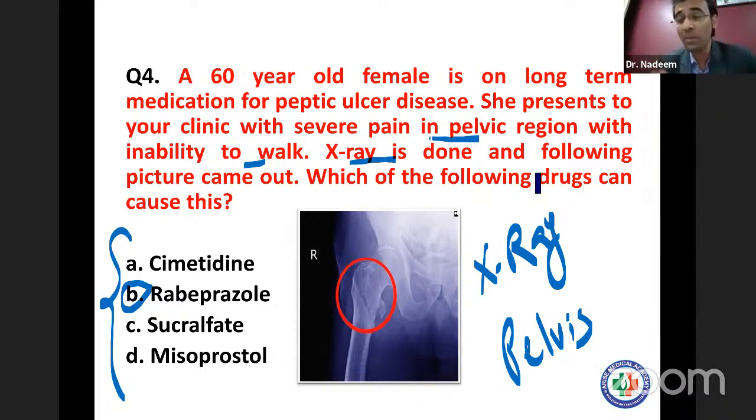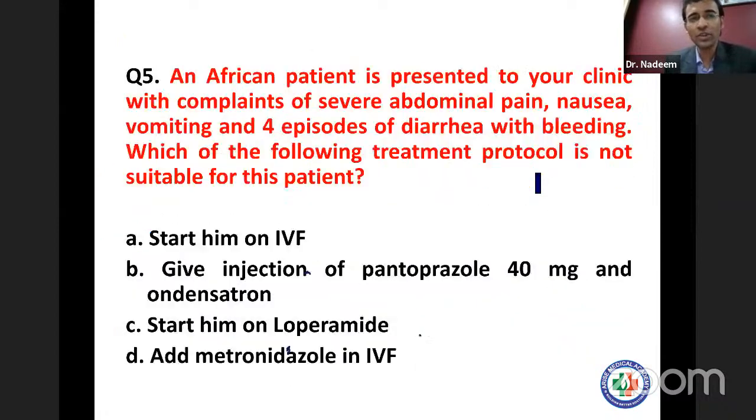This can be the severity of complication, and on the basis of this severity, this kind of question can be framed also. Next question: an African patient is presented to your clinic with complaints of severe abdominal pain, nausea, vomiting, and 4 episodes of diarrhea with bleeding.